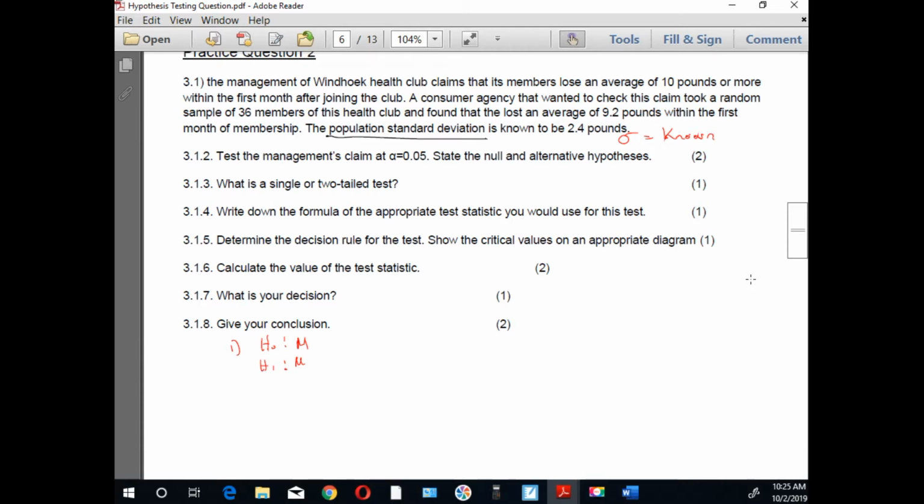So the average pounds that are lost are greater or equal to 10, because that's the claim. So obviously the alternative is less than 10. Is that okay? Alright, should be okay.